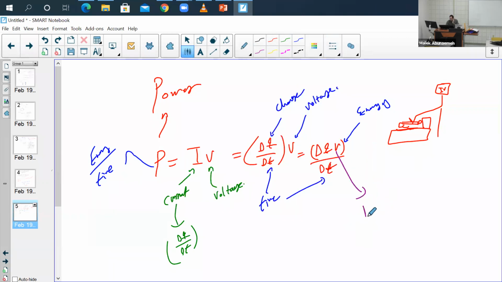Your voltage is how much work you do per charge. This is what we saw from chapter 19.